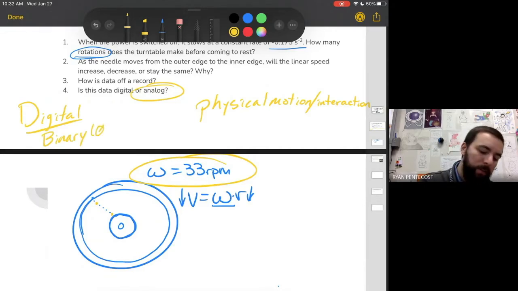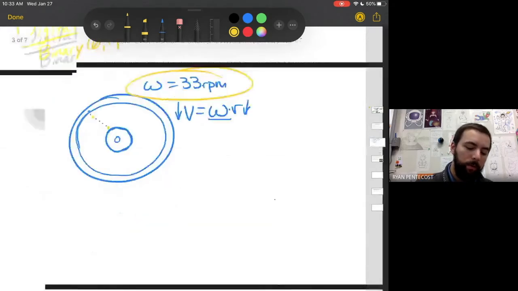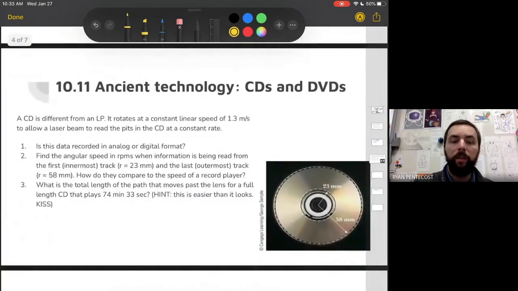That's a series of zeros and ones that give every letter, every number, every code. It's all a series of zeros and ones. So this isn't digital. This is analog. It's not in binary. You don't have zeros and ones tapping back and forth on your LP. It's all analog. Now, digital is in CDs and DVDs.